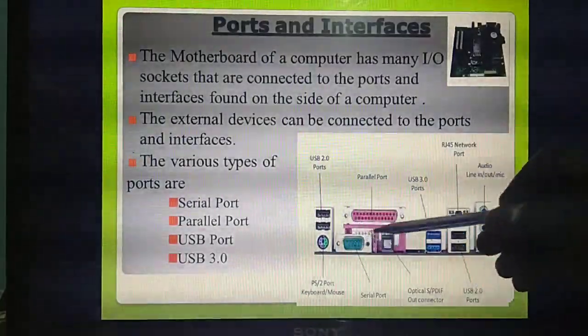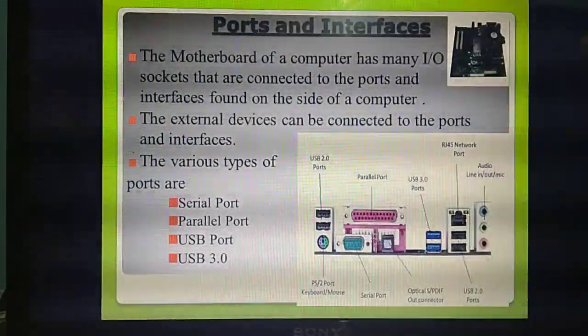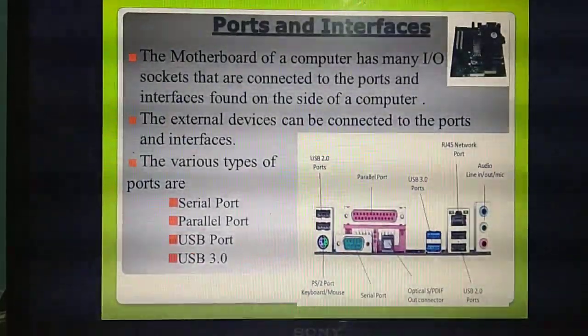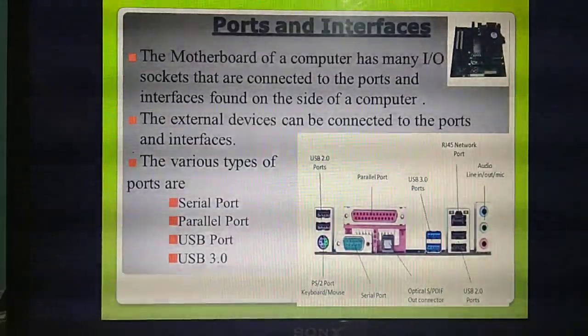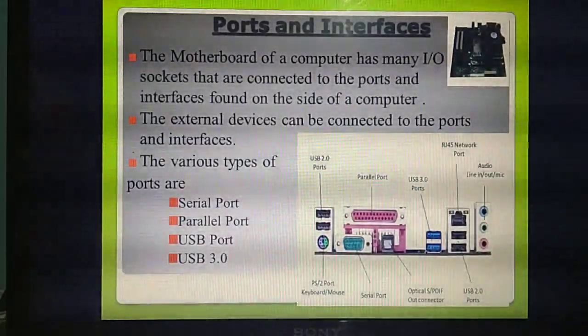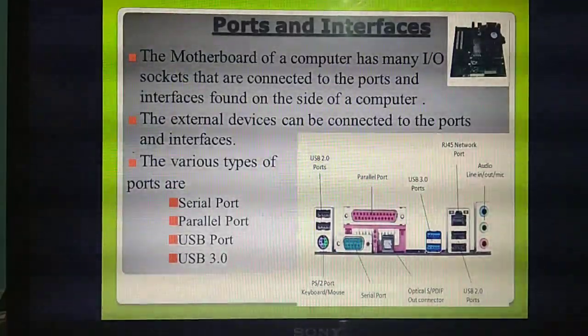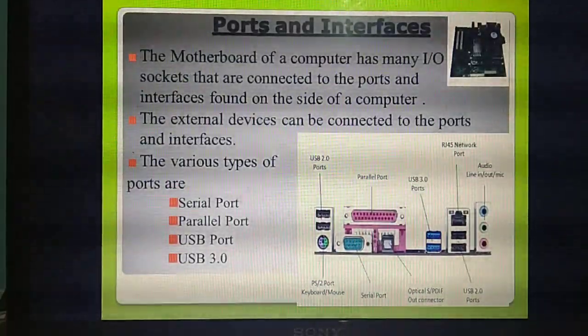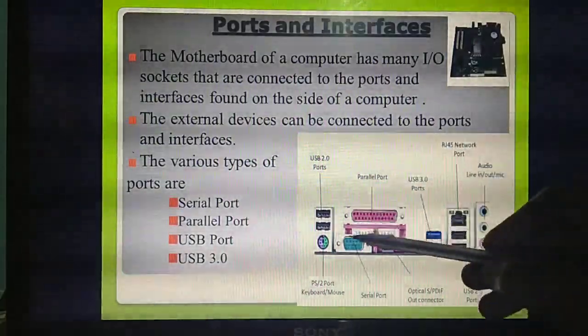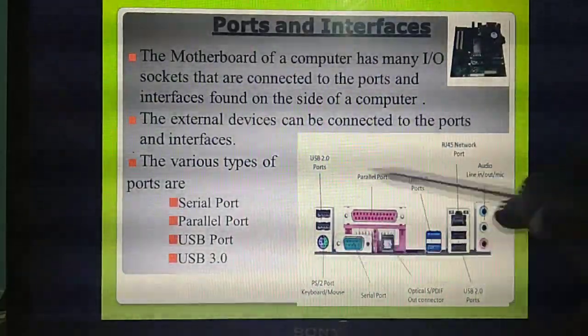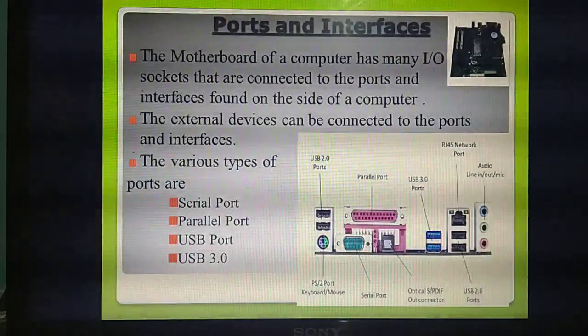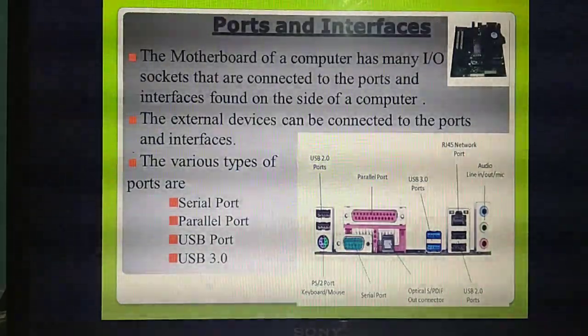So that kind of external device port is called the serial port. What's the use of serial port? This kind of port is used to connect the computers. That means the connection between computer and the CPU. That's the use of serial port. Have you seen it? This blue color port. Understand? Yes.